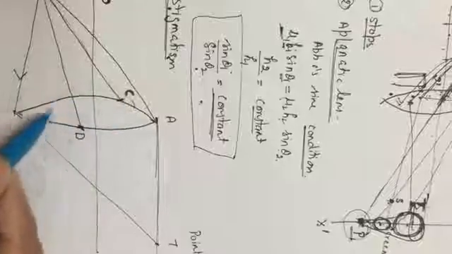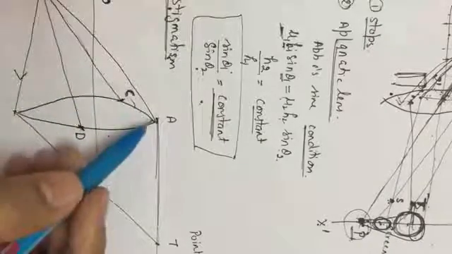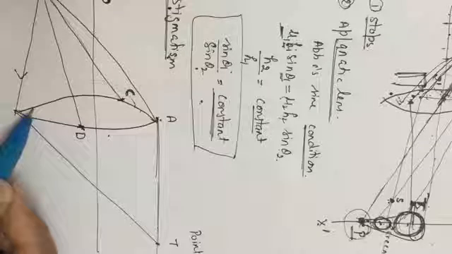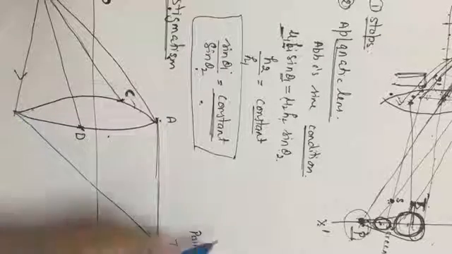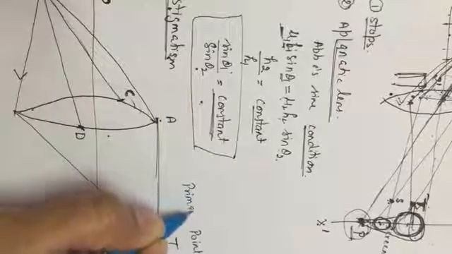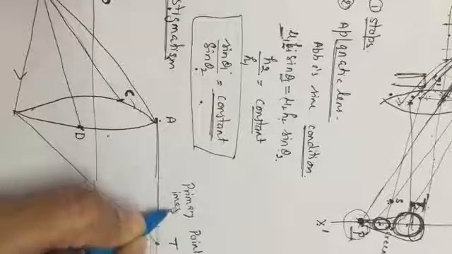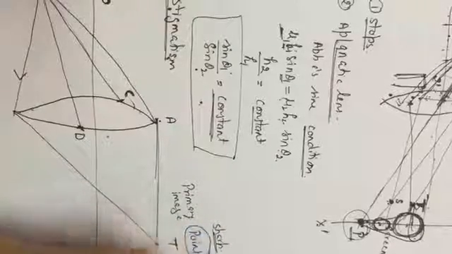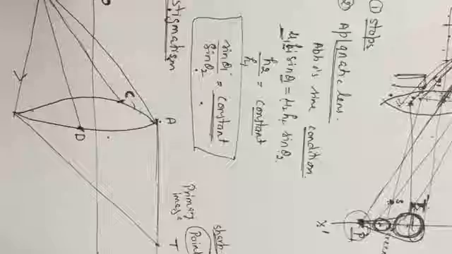If we are only considering the marginal rays, these marginal rays give us the primary image, that is a point image or a sharp image at point T.